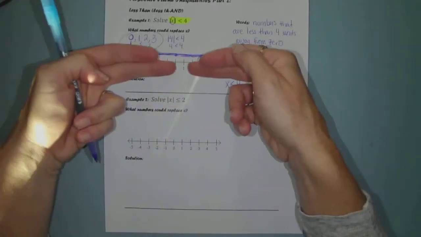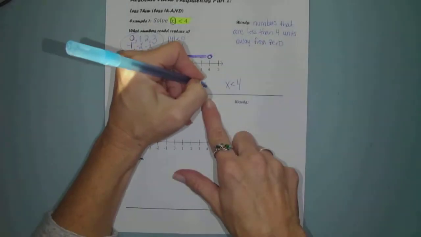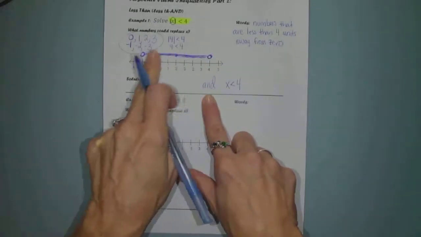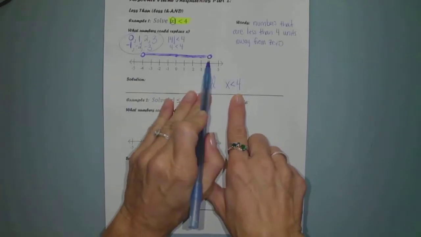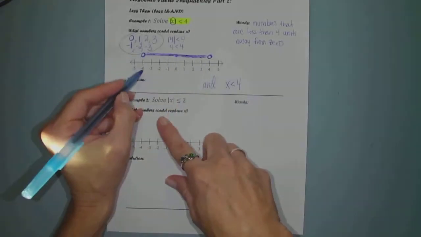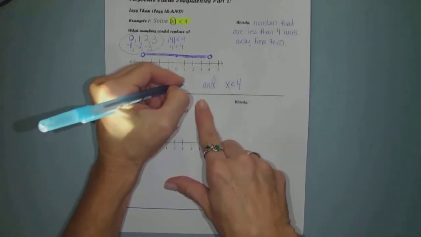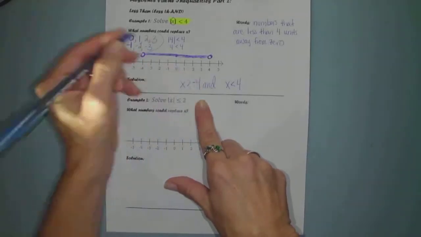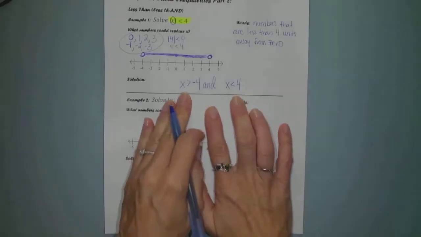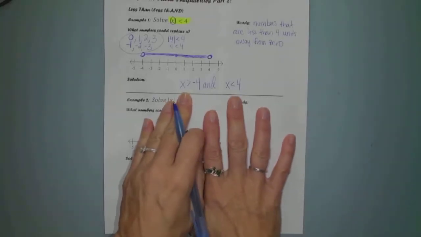And because ands go in, I know this is an and, because it's both places at once, x is less than 4, and let's look at this side. We're looking at numbers going this way, so numbers that are greater than -4. Okay, so this is the solution. Now let's do our little trick.